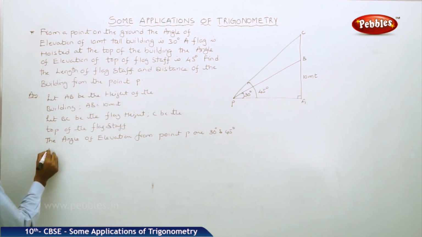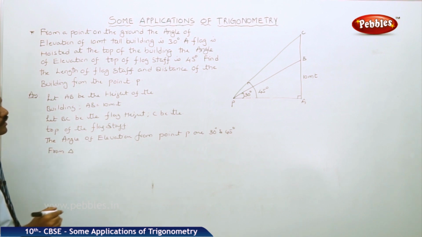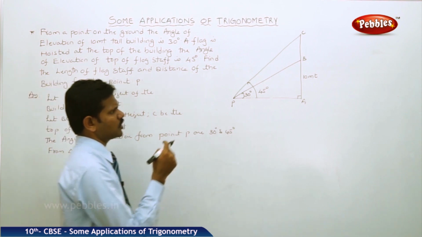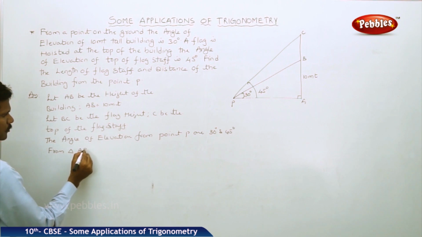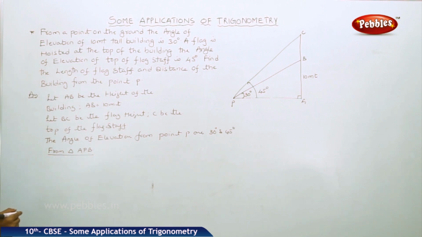Now let us consider, first consider the small triangle, from triangle APB.